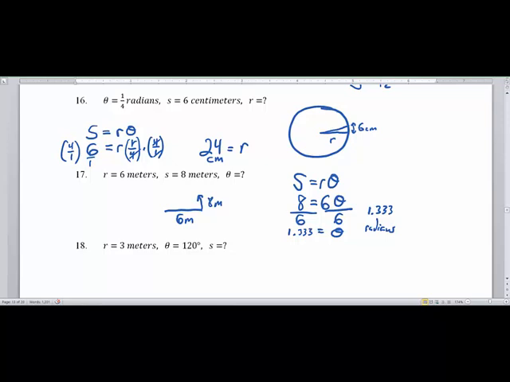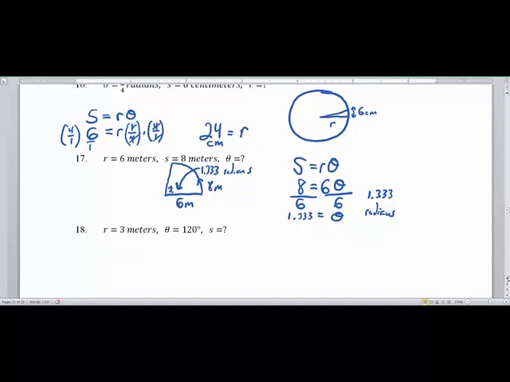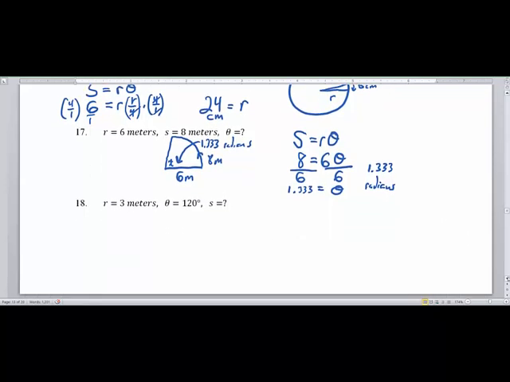And since it's under 90, what I can do is just fix the picture, there you go. So that's about the size of your picture right there. That's roughly 1.333 radians for my theta right there.